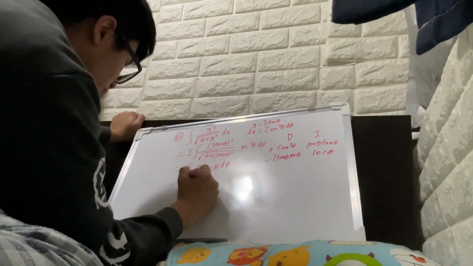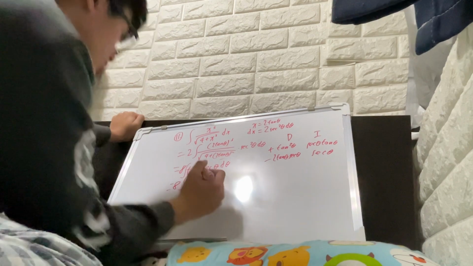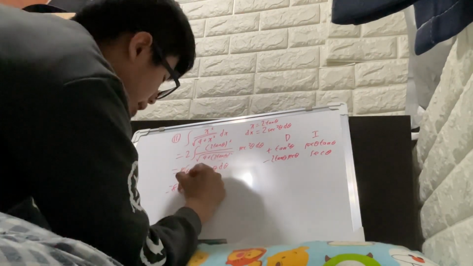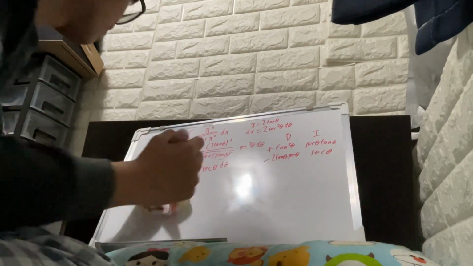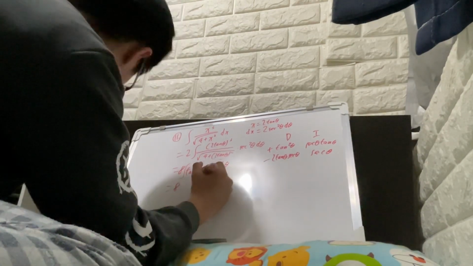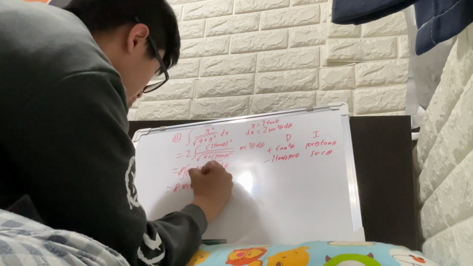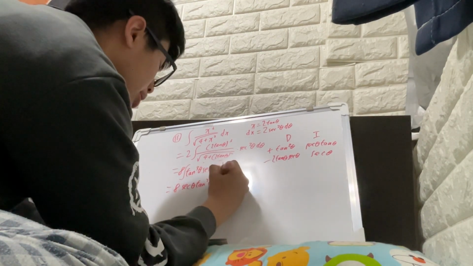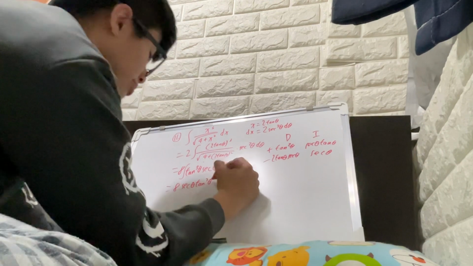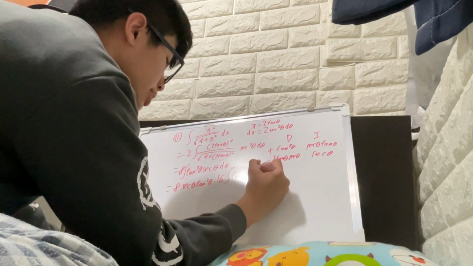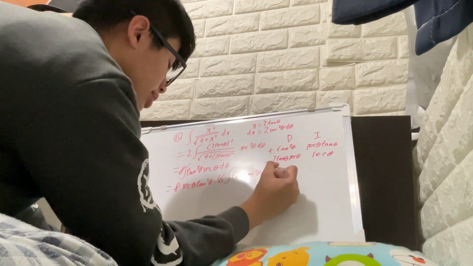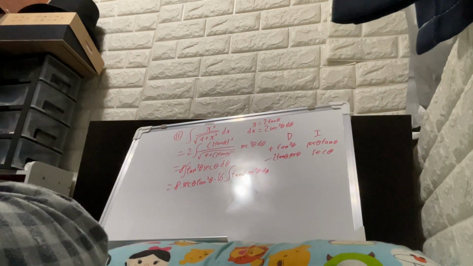So you can get 8 times secant theta first, times tangent square theta, and then distribute 2 times 8 becomes 16, and then tangent theta secant square theta d theta. Okay.